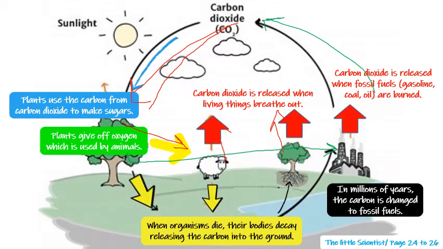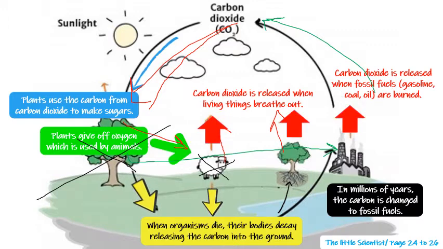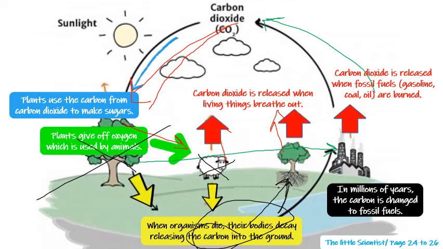Now, when living things die, when people, animals, and plants die, decomposers decompose their dead bodies and release carbon into the ground. Plants use minerals for their growth, and the result of decomposition of dead bodies is turned and changed into fossil fuels in millions of years.